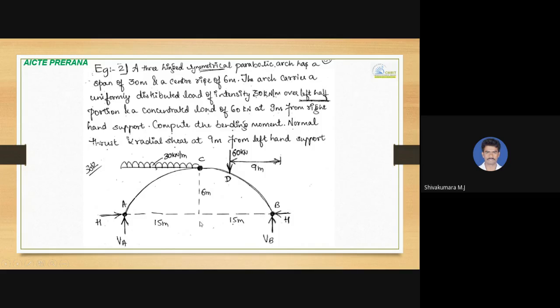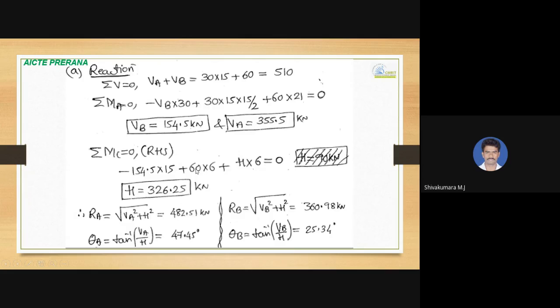VB into 15, trying to rotate anti-clockwise, negative. And then 60 into 15 minus 9, that is 6 meter. So 60 into 6 meter, H into 6 positive, and VB into 15, VB is 154.5, trying to rotate anti-clockwise, minus. So we get the H value as 326.25.